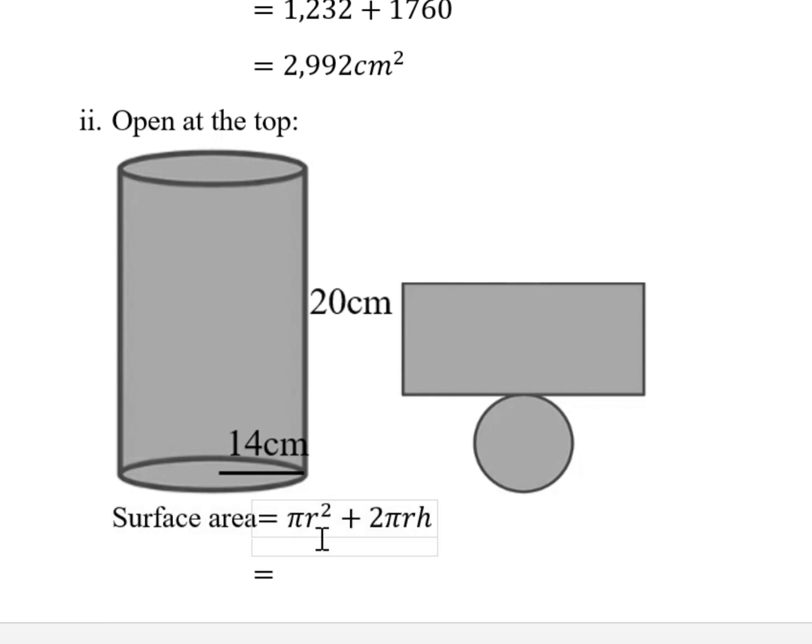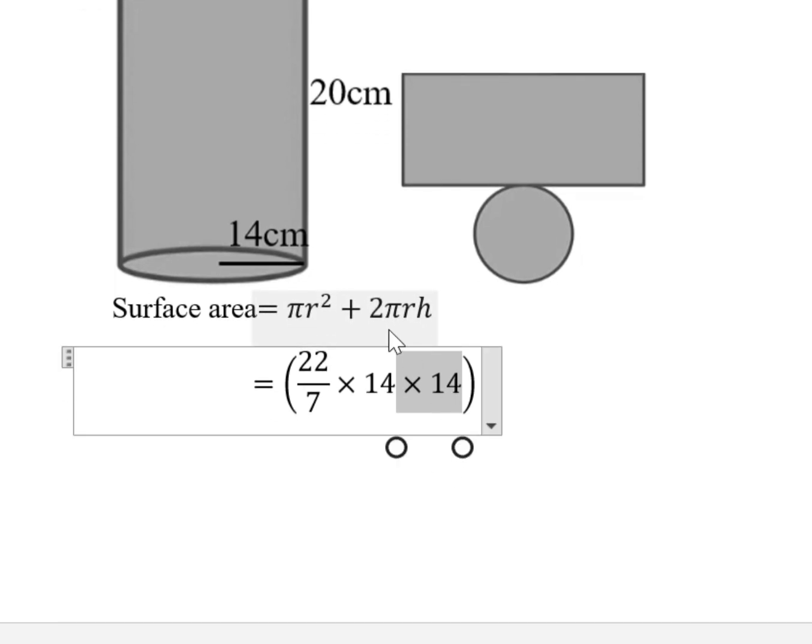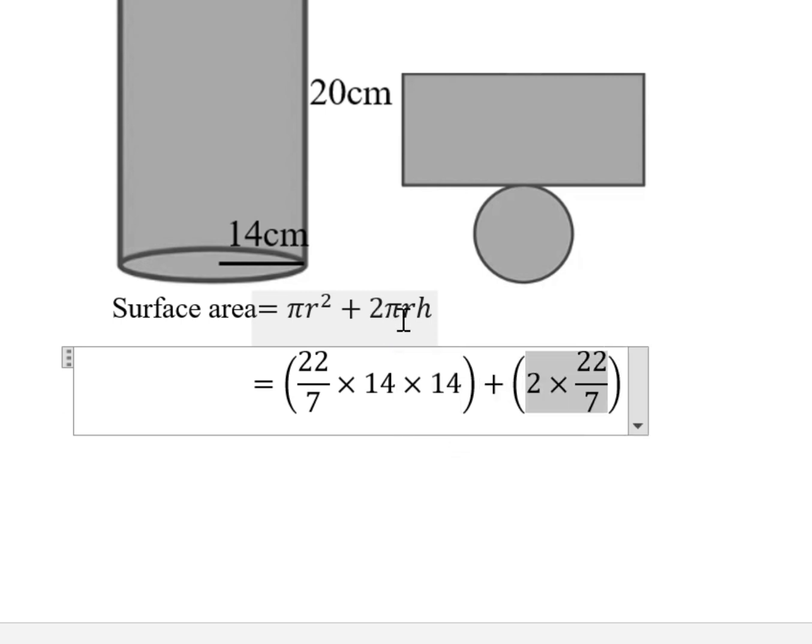So that's equal to pi, which is 22/7, times the radius, 14, times 14. That is the area that we have here, plus 2 times 22/7, which is our pi, times 14 times the height, which is 20.